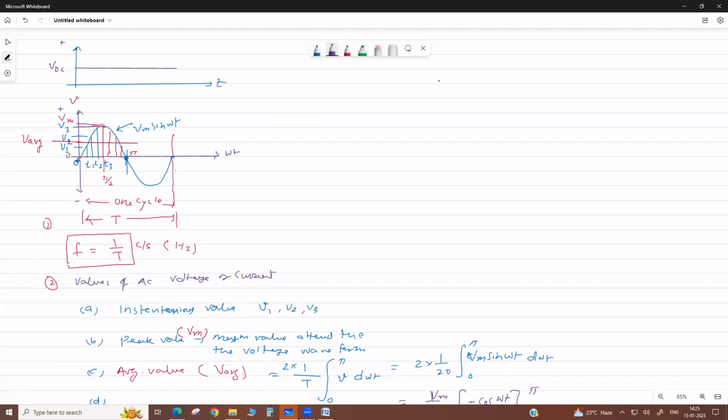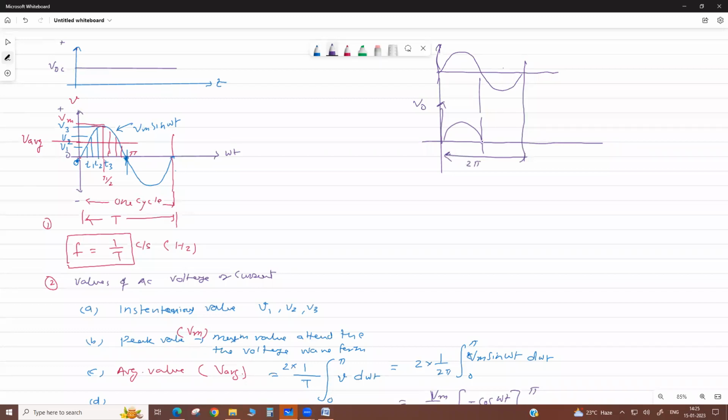Okay. If we calculate the output voltage of the rectifier, this is your input. We are coming to that. This is the input voltage, the supply voltage is AC. But when we get the output in single phase, we get only 1 pulse in 1 cycle, in time period T means 2 pi.